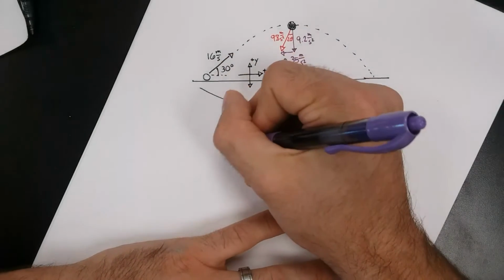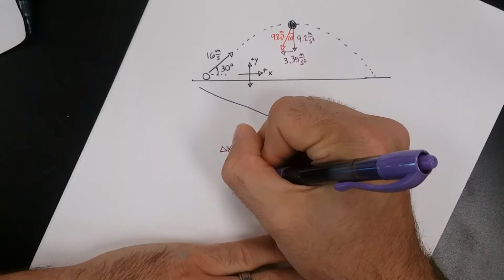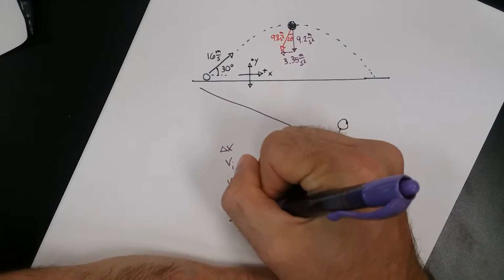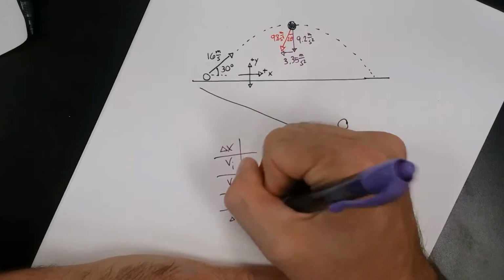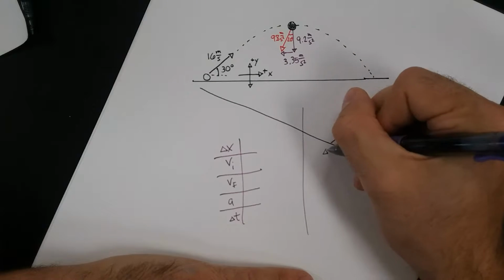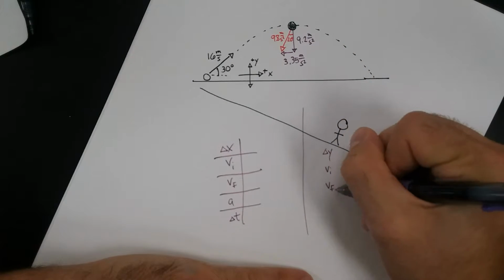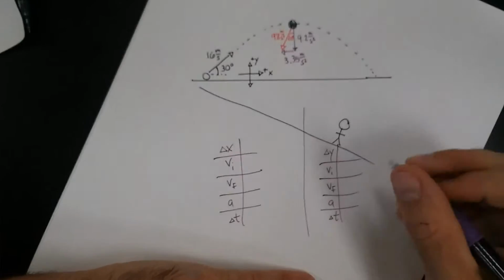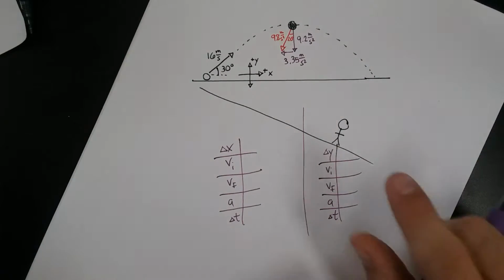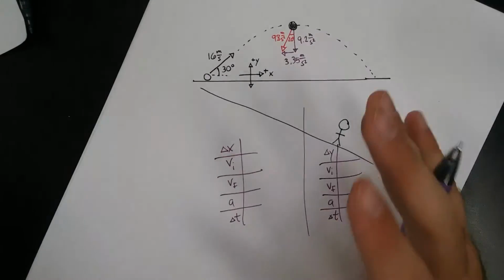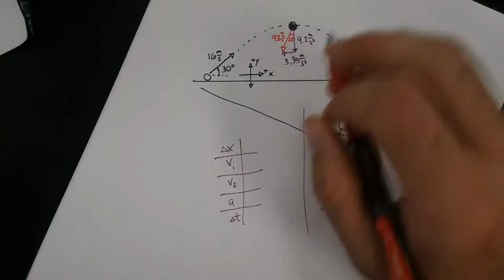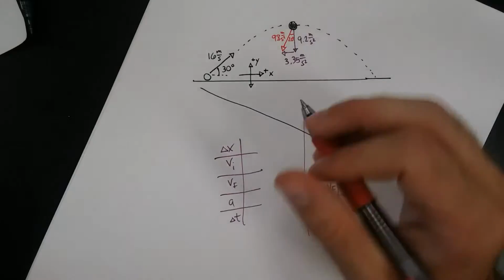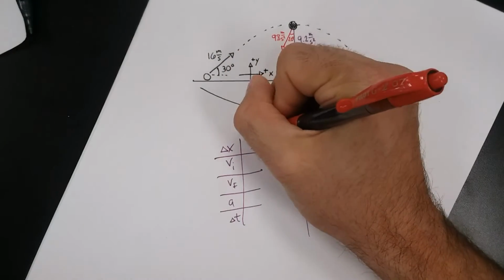So this is how we can look at this one. I can say, all right, delta x, vi, vf, a, delta t. And I could say delta y, v initial, v final, a, delta t. Remember that this object is accelerating horizontally and vertically now. That's what we changed, our reference frame. What is x? What is y? Well, delta x is d.